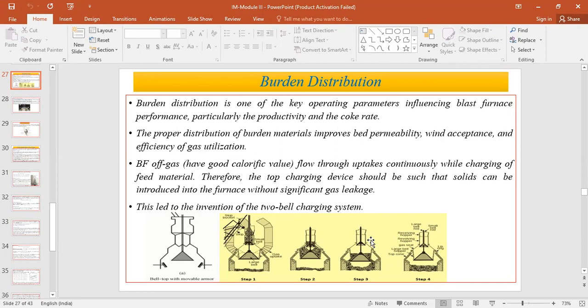So previously, in the good olden days, at the beginning, the blast furnace top was open. It's an open top furnace.